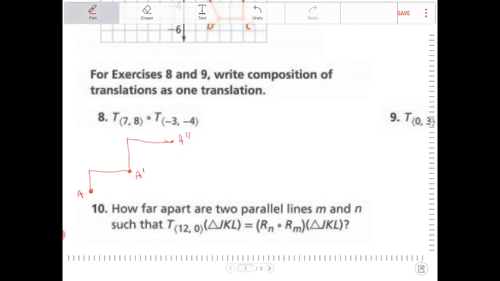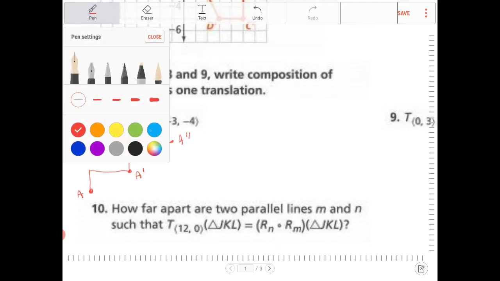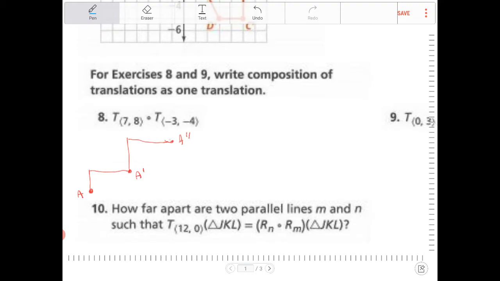Using a different color, let's say blue, to get from A to A double prime all you have to do is go in just one big translation, and that is the sum of the x's and the sum of the y's. That's all that is.